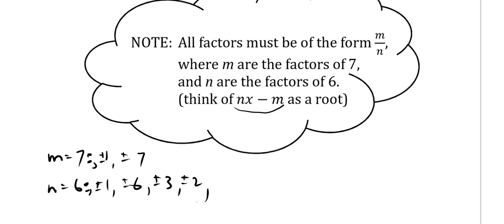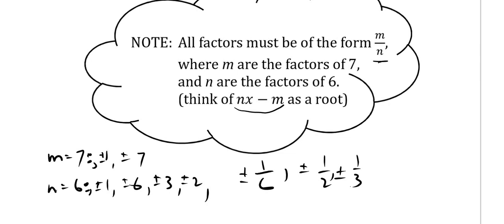So 7 over 1, 1 over 1, those are the ones we already tried. But what about 1 over 6, m over n? So plus or minus 1 over 6, plus or minus 1 over 2, plus or minus 1 over 3. That was one of our solutions.